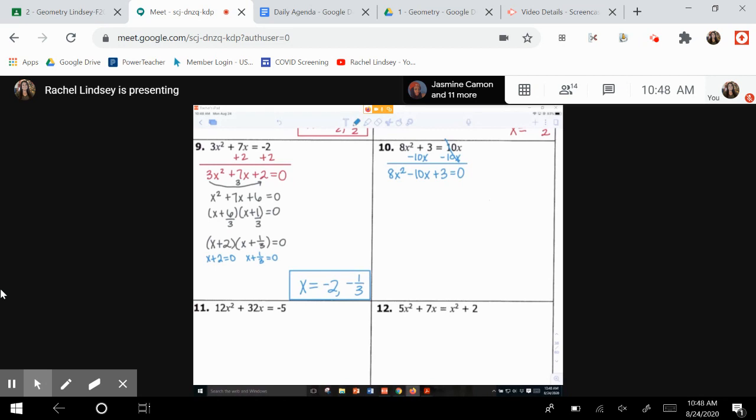Can I do a greatest common factor? Nope. Can I factor it normally? No. You have to do slide and divide. So slide that 8 to the 3. And I'll have x squared minus 10x plus 24 equals 0.